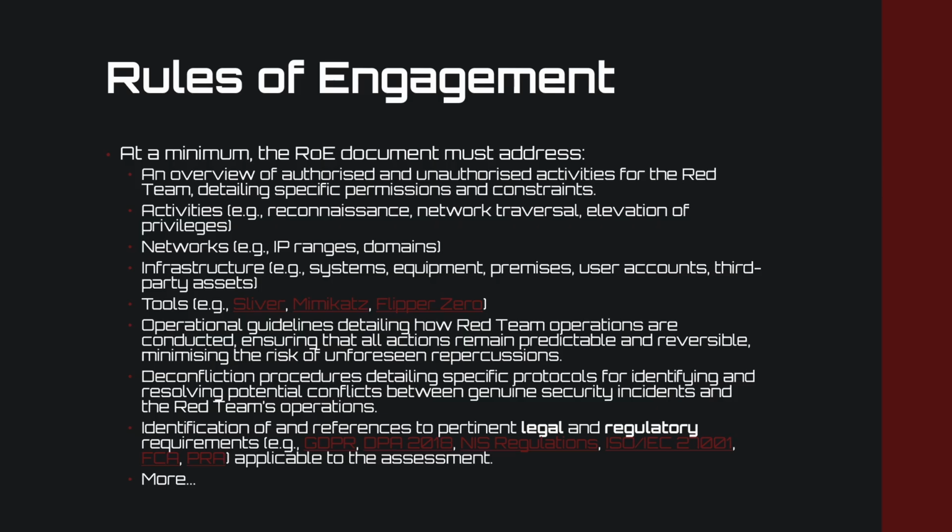It should also include the activities the red team will conduct, including reconnaissance, network traversal, and elevation of privileges, and all of this should be supported by a list of tools the red team will use. Most importantly, the operational guidelines detail how the red team operations are conducted.